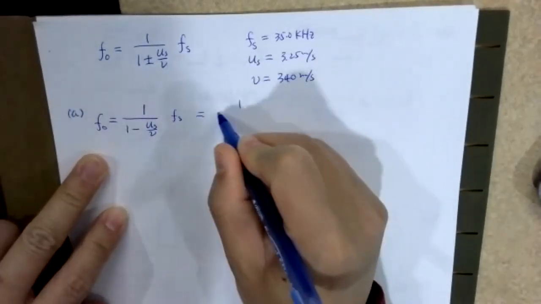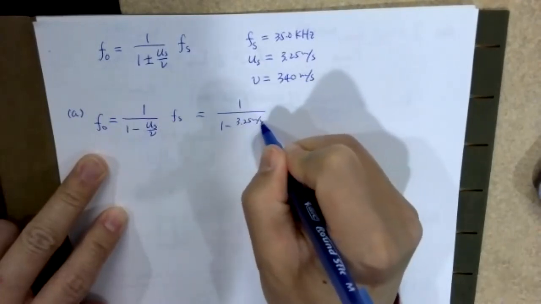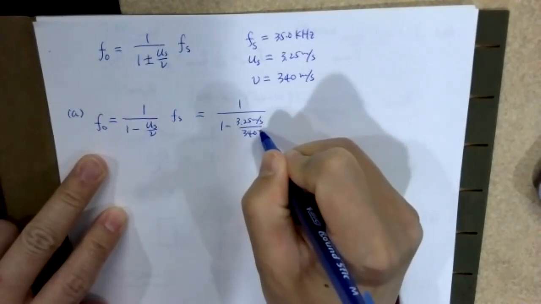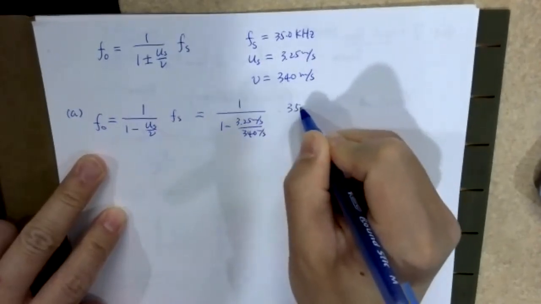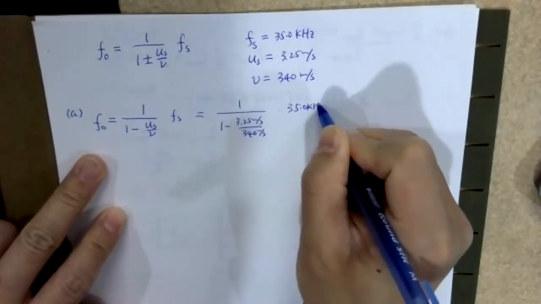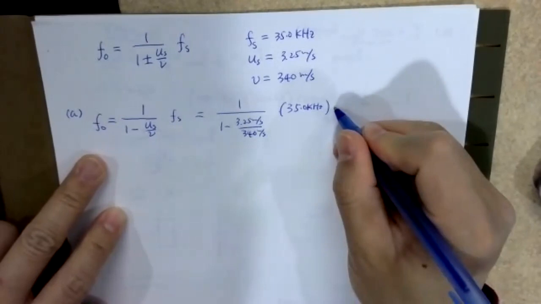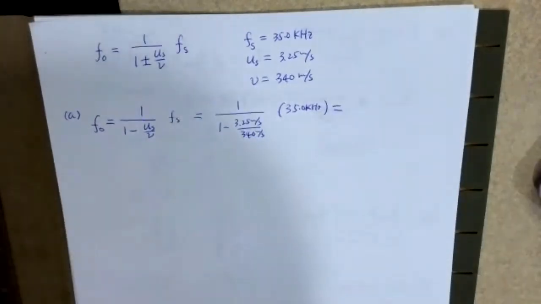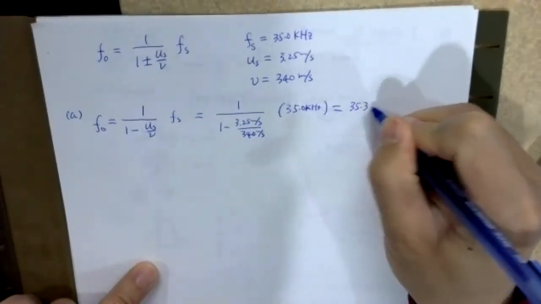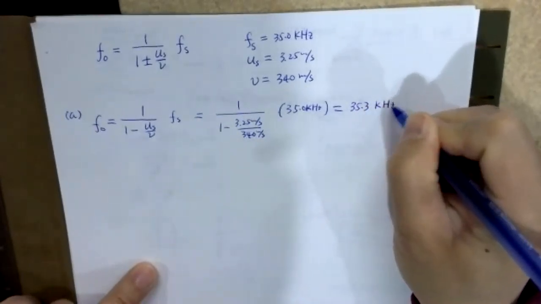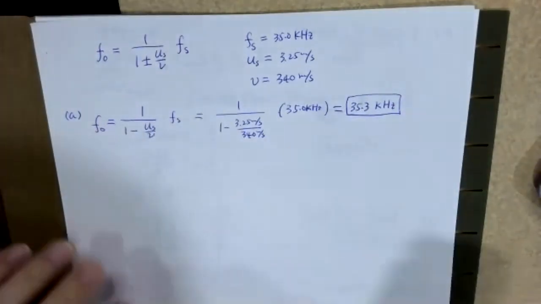So this is 1 divided by 1 minus 3.25 meters per second over 340 meters per second, times 35.0 kilohertz. This will give you 35.3 kilohertz. You can see your frequency increases.